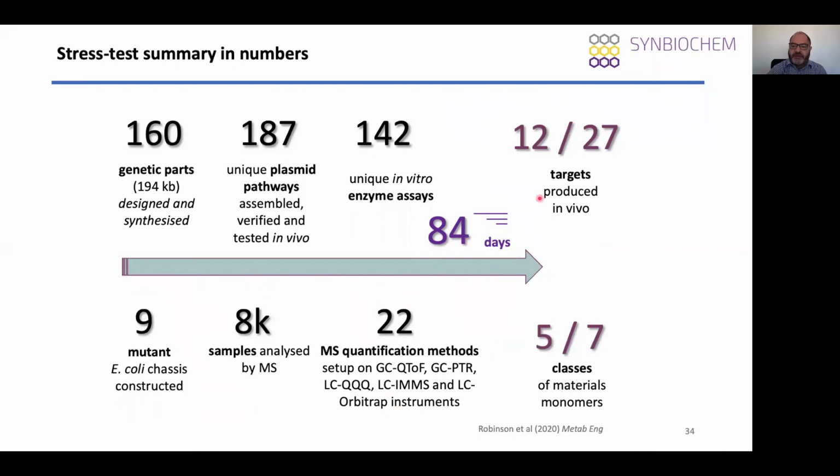And in total, 12 of 27 targets were produced in vivo, and they cover 5 of the 7 classes of material monomers that we initially were targeting.